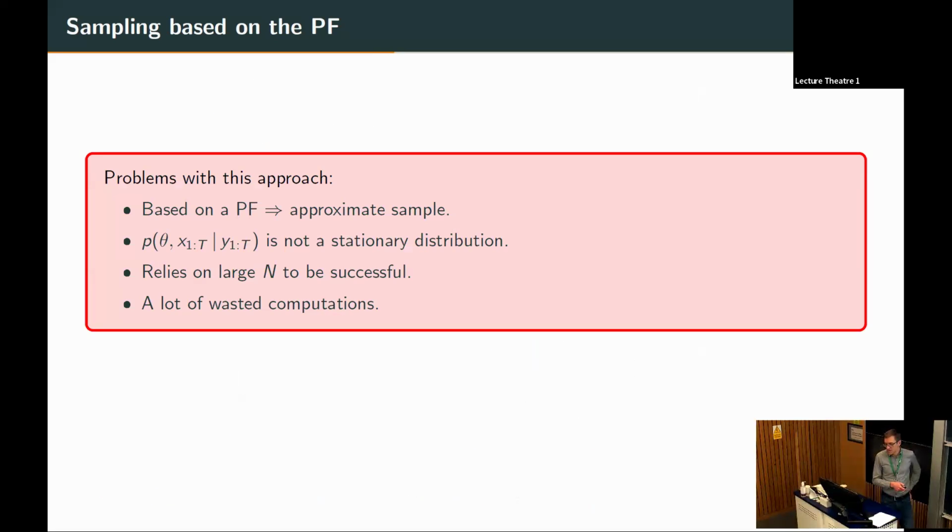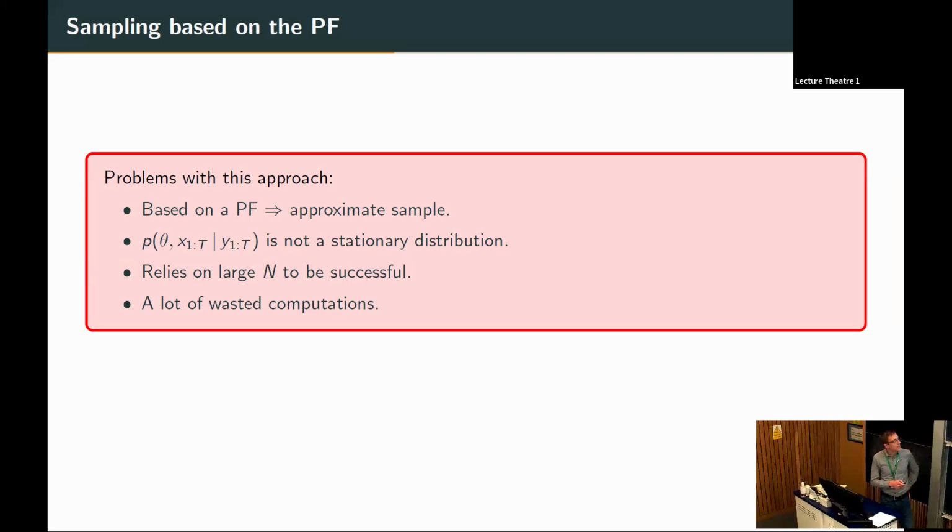So this will not result in a correct MCMC algorithm. It is based on the particle filter, which gives me this approximate sample. We will not have the correct joint posterior as a stationary distribution. And for this to work, we would need a sufficiently large N so that the approximation error is negligible.